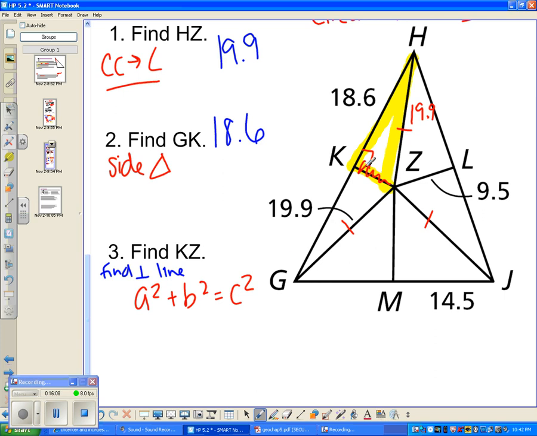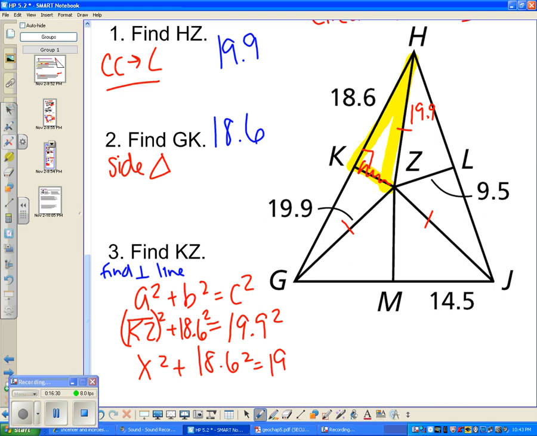In this case, since the 19.9 is across from the 90 degrees, that's your hypotenuse. It doesn't really matter which one's a and b, so I'm going to say side KZ squared, if you want to put x, that's fine, plus 18.6 squared is going to equal 19.9 squared. So again, x squared plus 18.6 squared equals 19.9 squared.